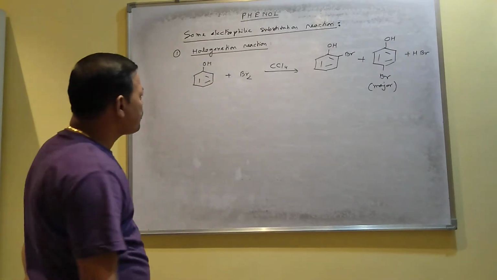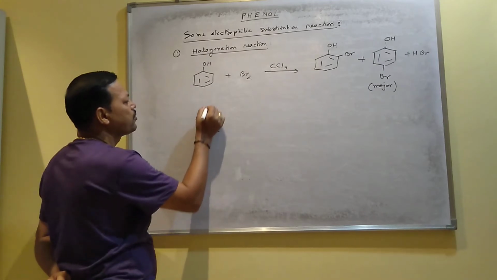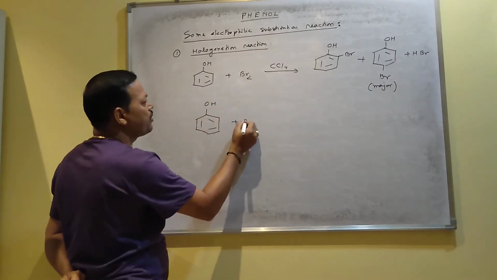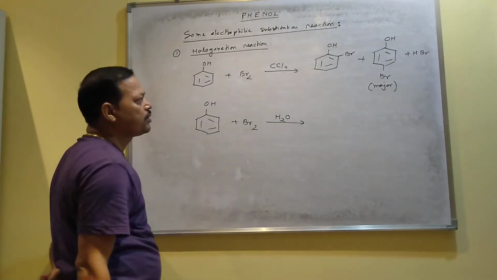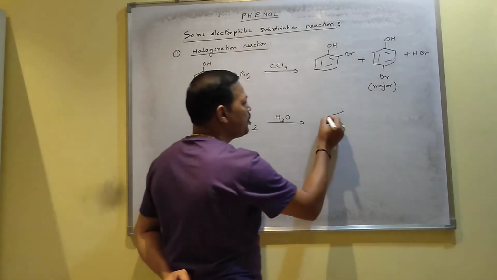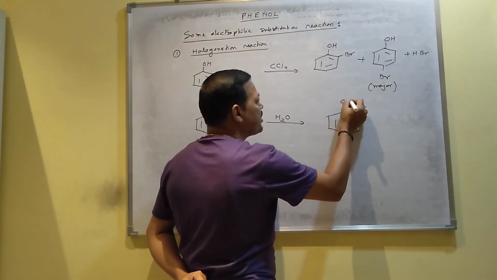Again, the same reaction, when phenol reacts with bromine in presence of water, then you will get only one product, and the product is like this.